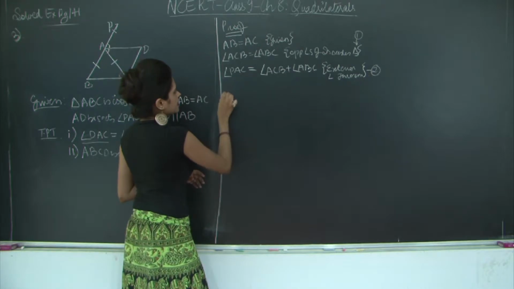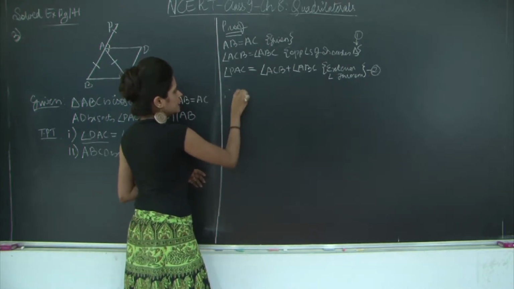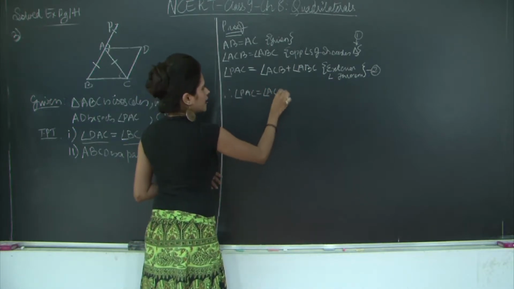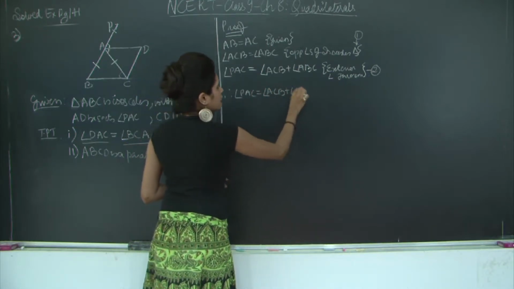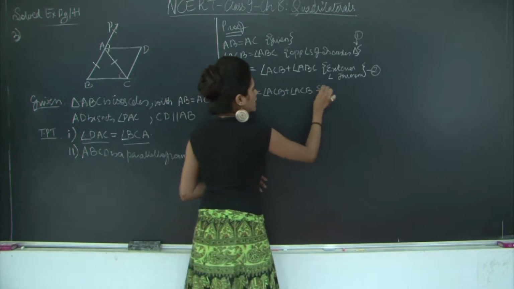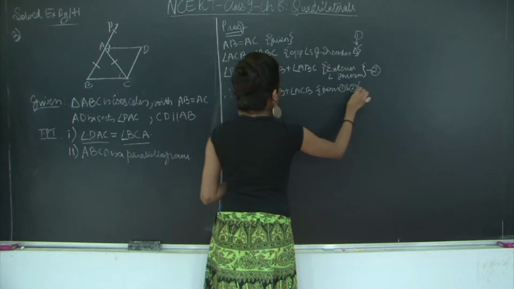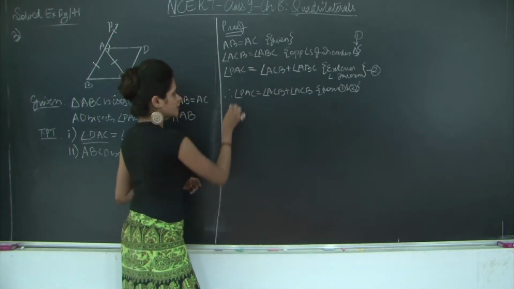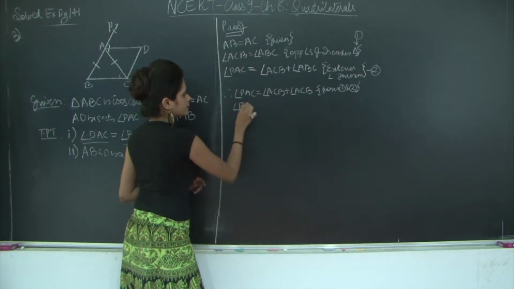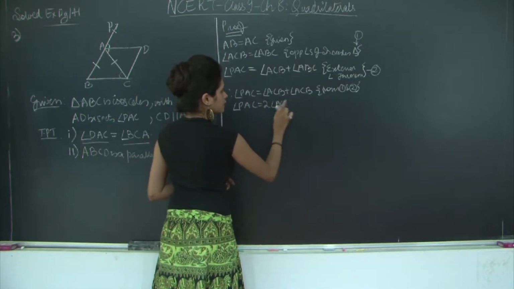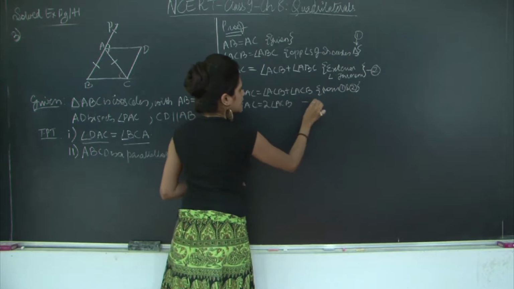So, I will say therefore, angle PAC is equal to angle ACB plus angle ACB, from 1 and 2. Therefore, PAC is twice of angle ACB. I will mark this as 3.